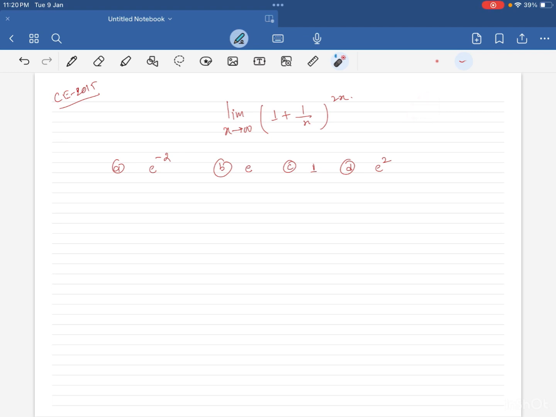So if this is the case, then how are you going to solve? You are going to assume this expression, that is f(x).